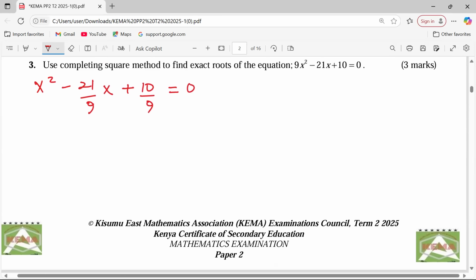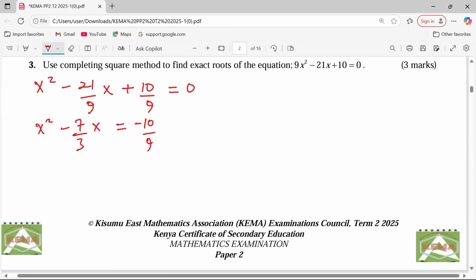After this first step, now we are supposed to take the constant to the right-hand side. x squared minus, 21 divided by 9 becomes 7 over 3, because 3 can divide 21 by 3, 7 by 3, 3x. Then this one now, we take negative 10 over 9 to the right-hand side.